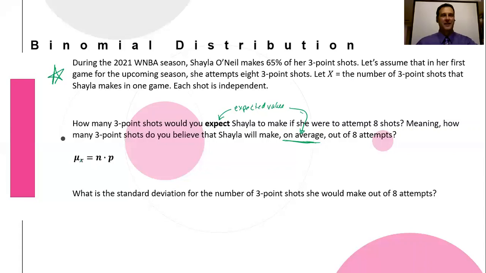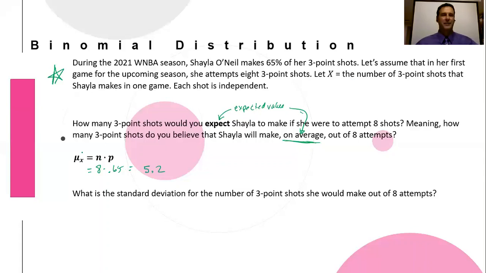The expected value for the number of shots you would expect her to make out of 8 is just n times p. And so your n in this case was 8, your p is 0.65, and you just got to do the basic math. 8 times 0.65 is 5.2.